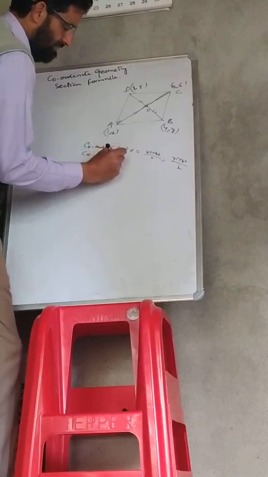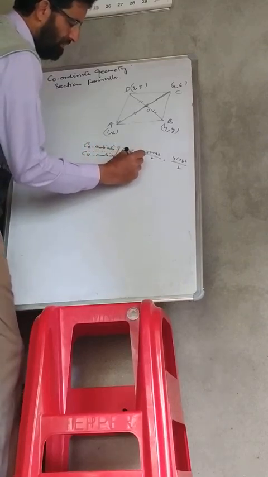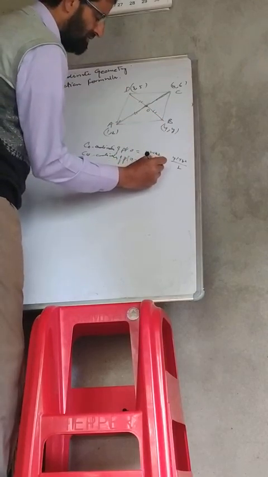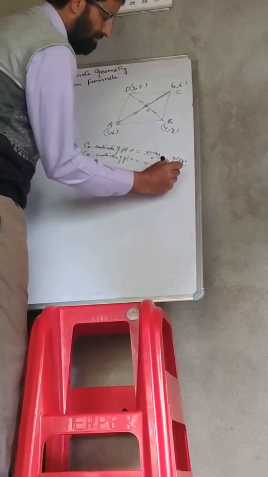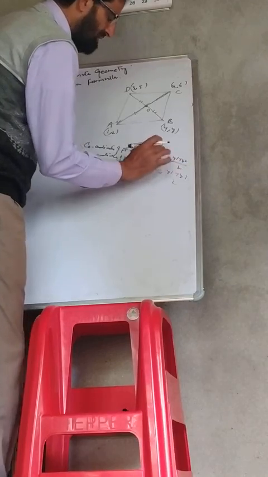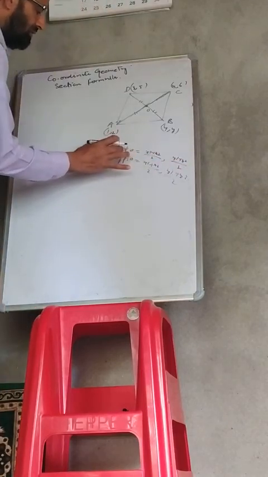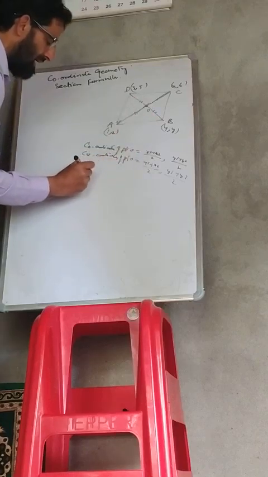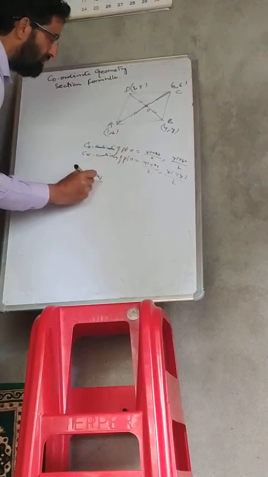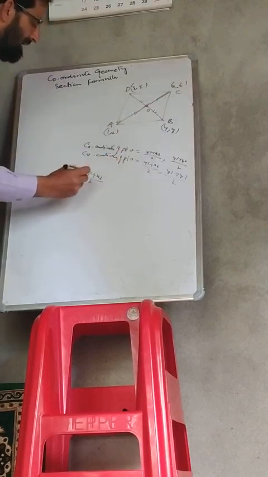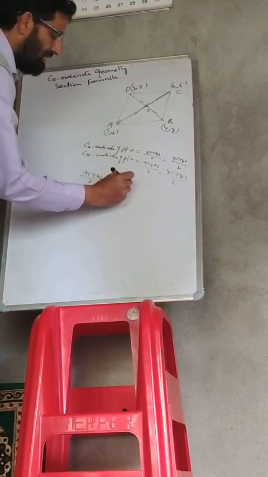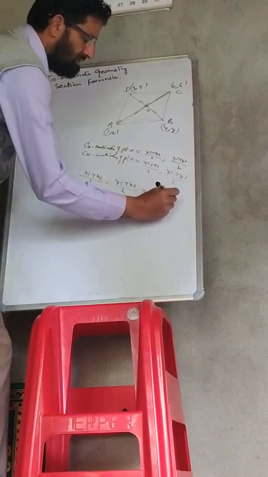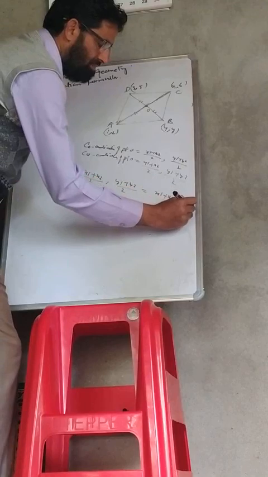Coordinates of point O taking the diagonal DB are again the same, x1 plus x2 by 2, y1 plus y2 by 2. So these are the coordinates of the same point O. So x1 plus x2 by 2 taking this diagonal AC, and y1 plus y2 by 2 is equivalent to x1 plus x2 by 2, similarly y1 plus y2 by 2.